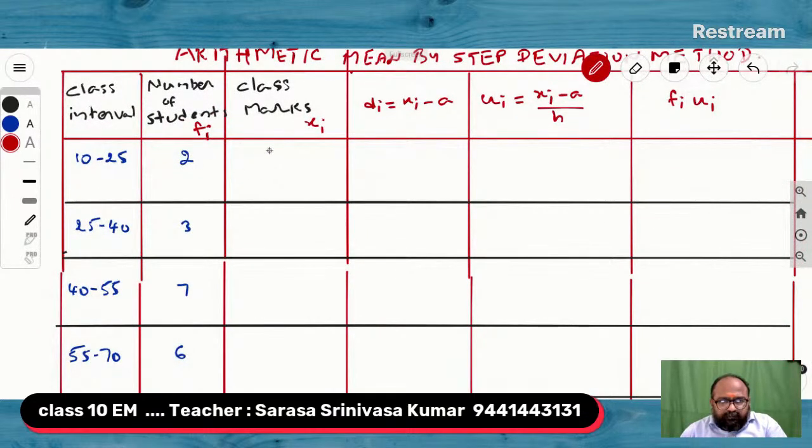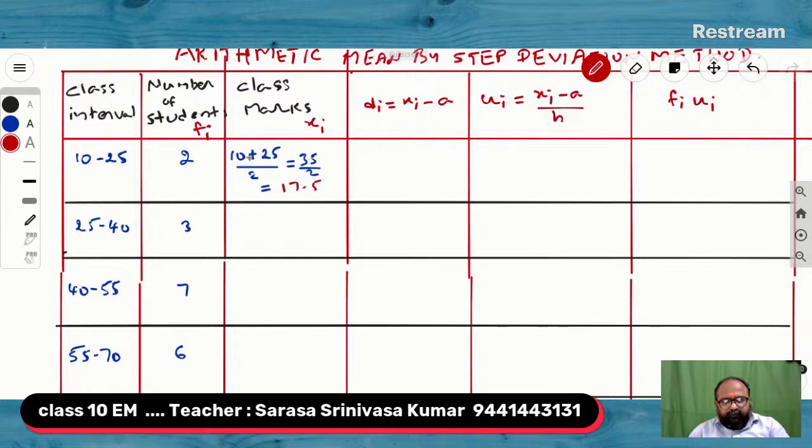Now, class marks are obtained by the formula upper limit plus lower limit by 2. So, you have already learned this concept. So, first one is 10 plus 25 by 2. This is equal to 35 by 2, equal to 17.5.